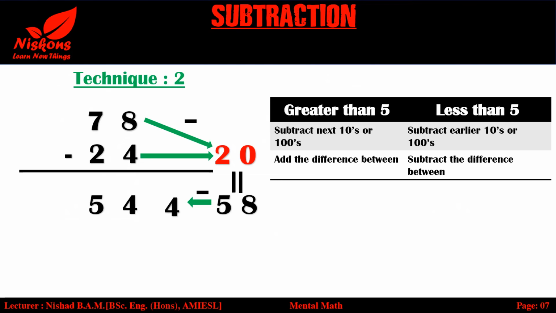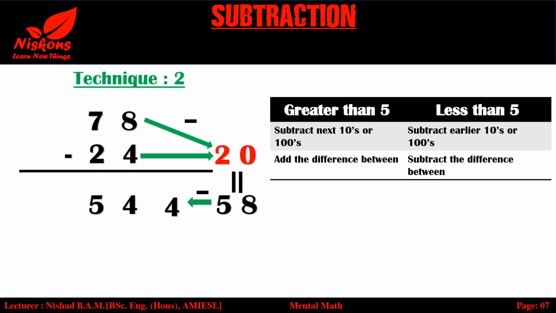So let me give a category. If the subtracting number, 24 or maybe 28, is greater than 5, we have to obtain the next tens or even next hundreds.